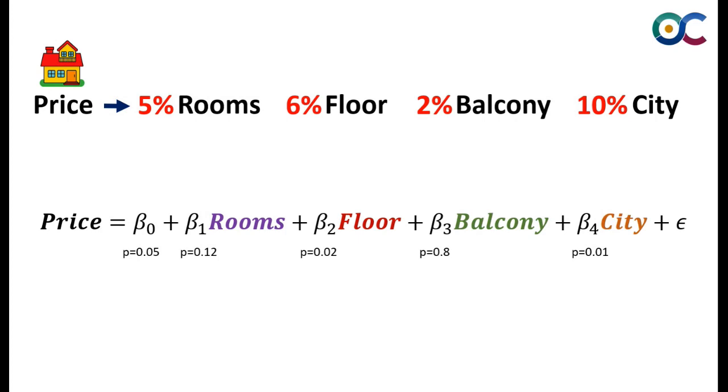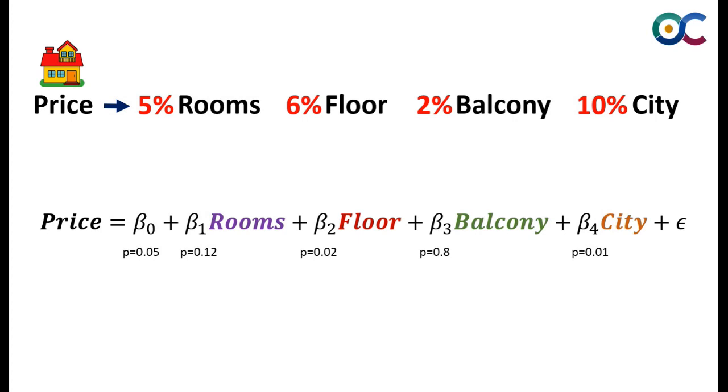These betas, by the way, are estimated values. These are not true betas. True beta is the value for the entire population. Most of the time we are dealing with sample data, so we are estimating those betas. These are estimated values, and we want them to be as close to the true value as possible.